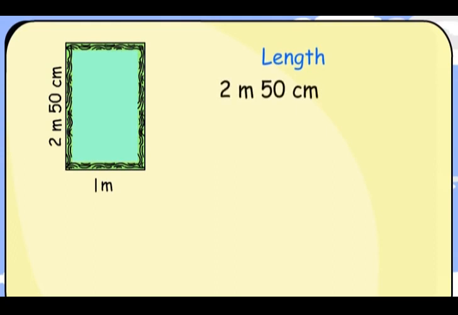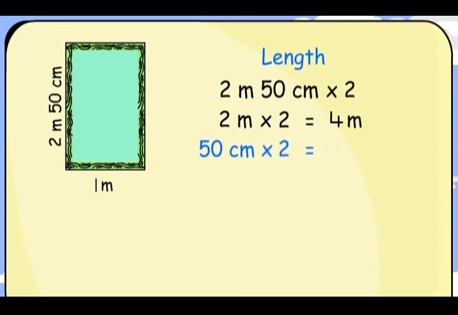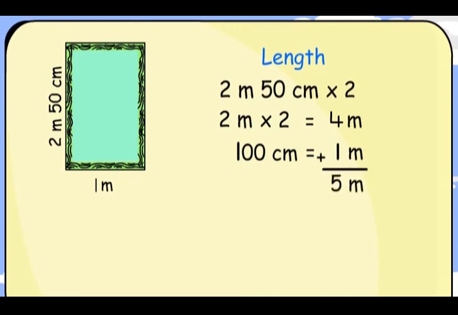Length 2 meters 50 centimeters into 2. 2 meters into 2 is equal to 4 meters. 50 centimeters into 2 is equal to 100 centimeters. 100 centimeters is equal to 1 meter. 4 meters plus 1 meter is equal to 5 meters.